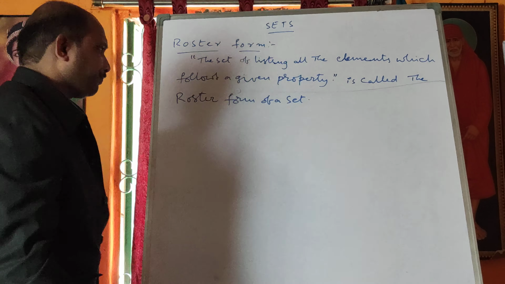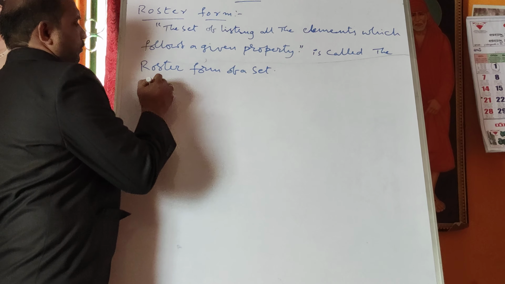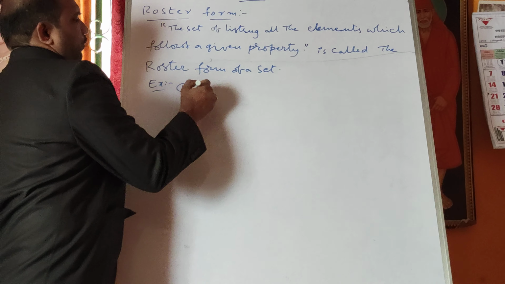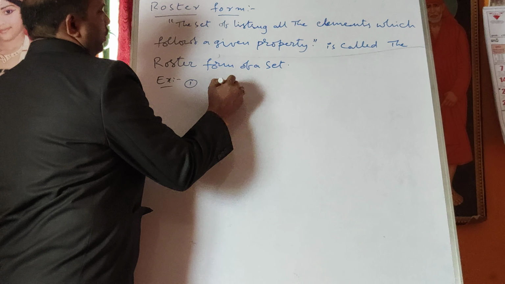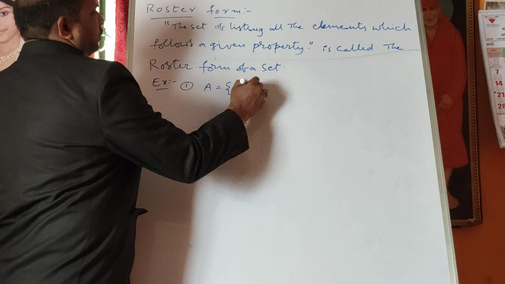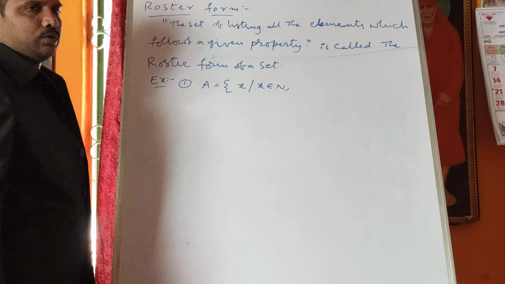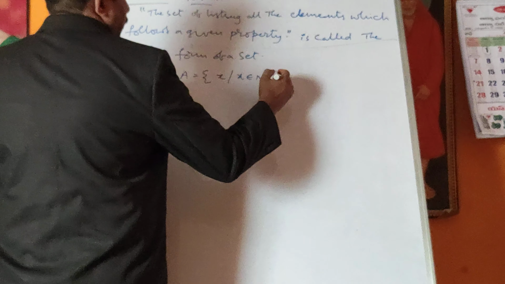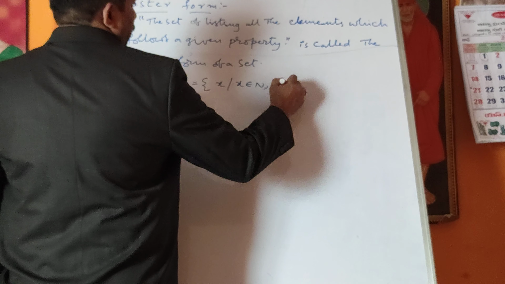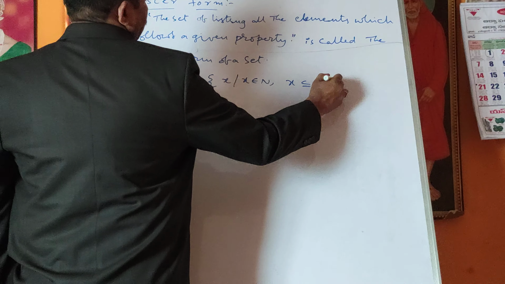Example: suppose we have A is equal to {x such that x is a natural number, x less than or equal to 10}.